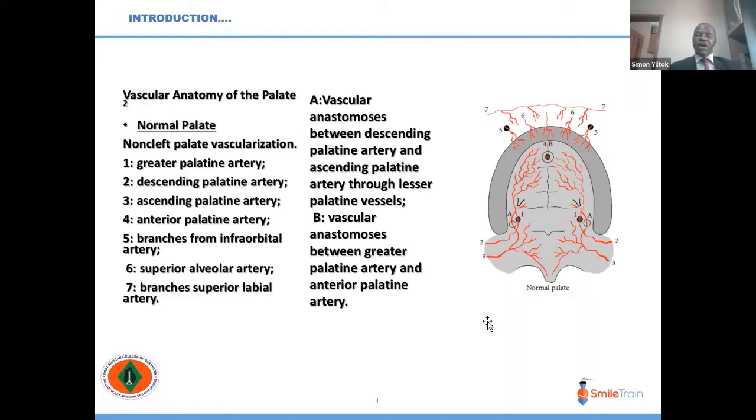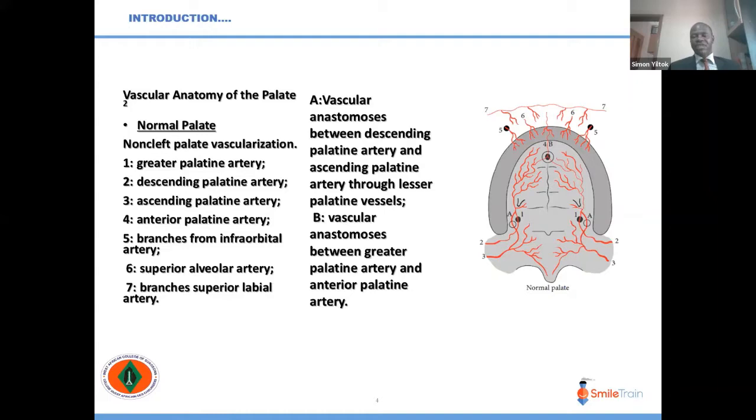So when you have a normal anatomy, as shown on this screen, you have about 7 vessels and 2 key vascular anastomoses. The first is found at point A between the descending palatine artery and the ascending palatine artery to the lesser palatine vessel, and the second anastomosis is between the greater palatine artery and the anterior palatine artery.